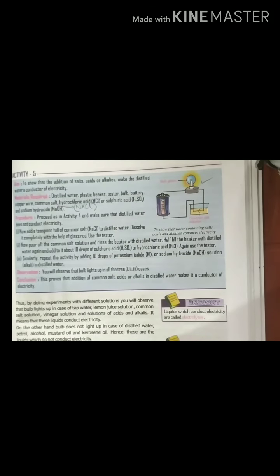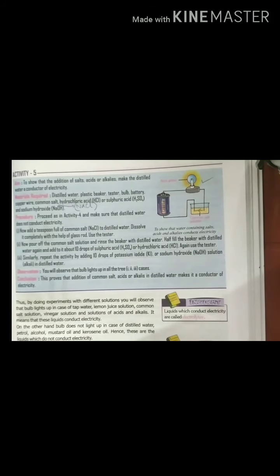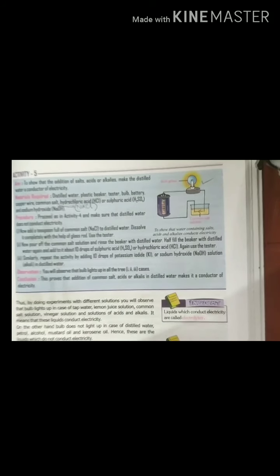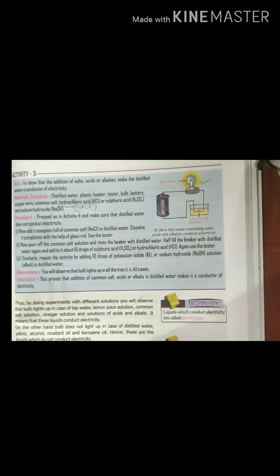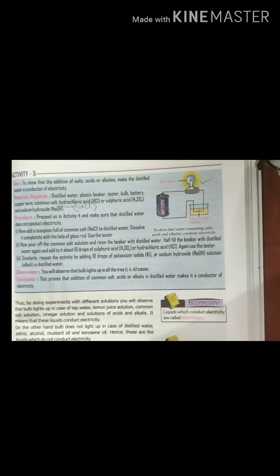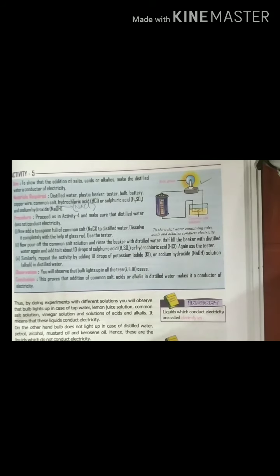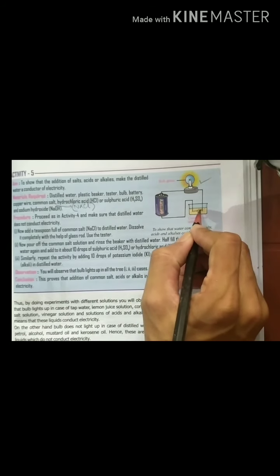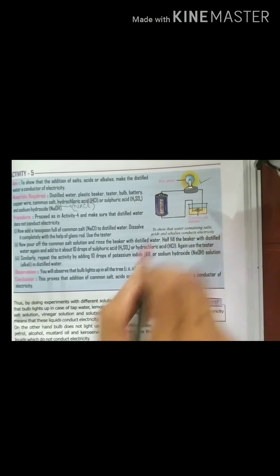Why this happens is very clear. See, in distilled water there were no minerals, there was no sodium, hydrogen, chlorine, sulfur, or minerals like this. As soon as the minerals were added in the form of salt, acids or alkalis, then current begins to flow through it.